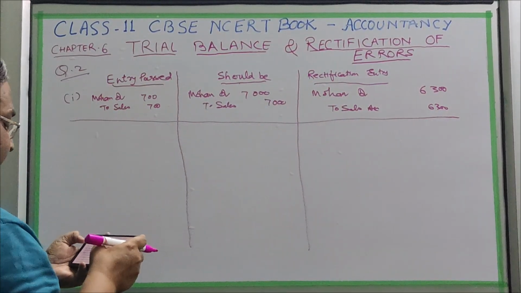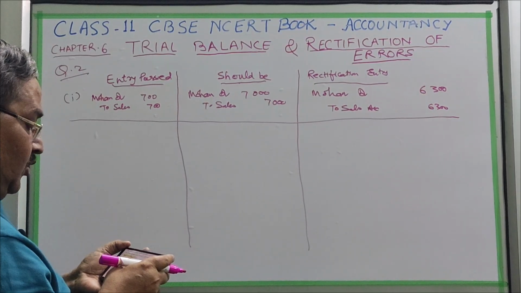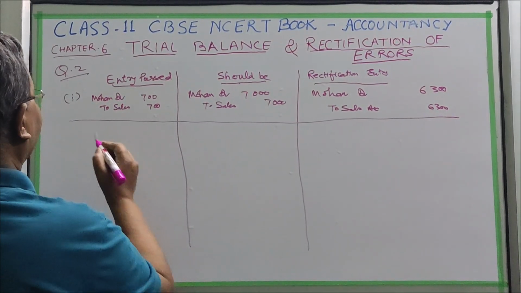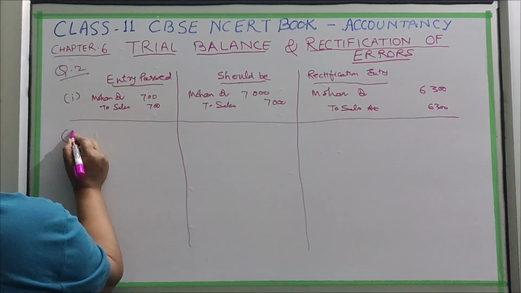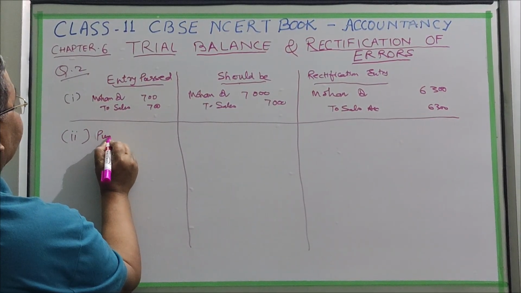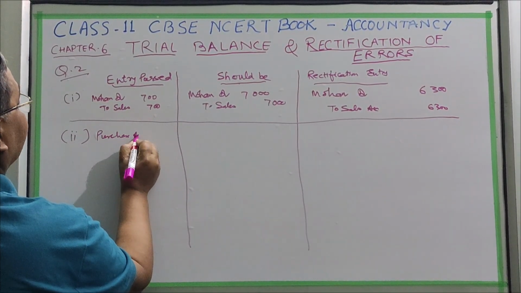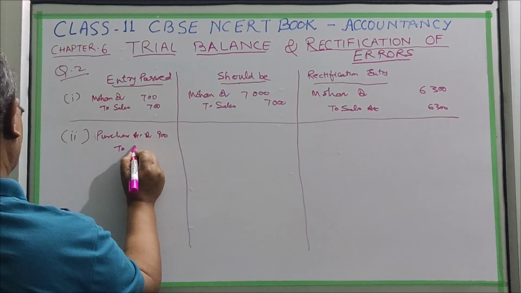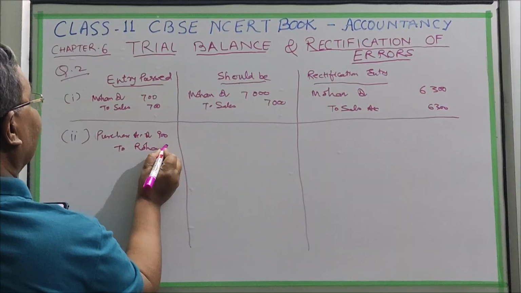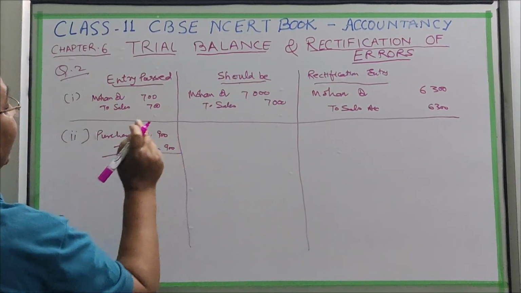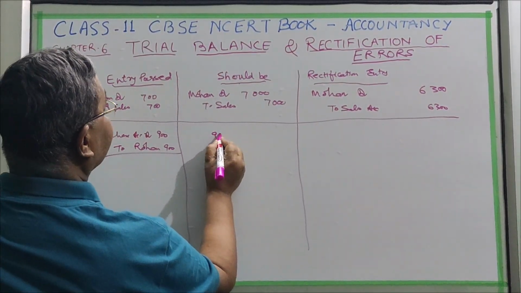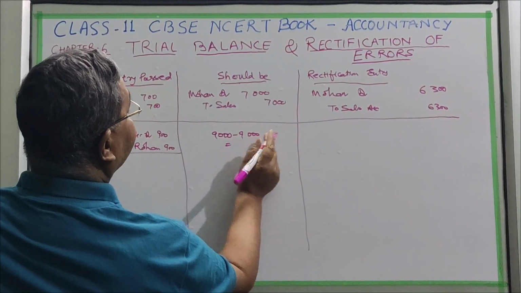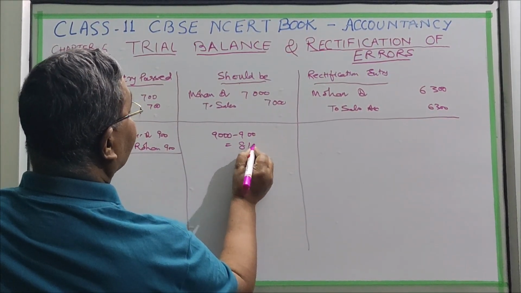Okay. Likewise, credit purchase from Rohan 9,000 were recorded as 900. So credit purchase means purchase account debited. Purchase account debit you have done by 900, and to Rohan 900. It should have been 9,000. It means 9,000 minus 900 equal to 8,100.